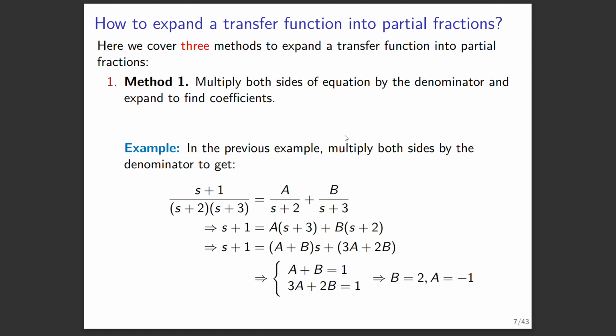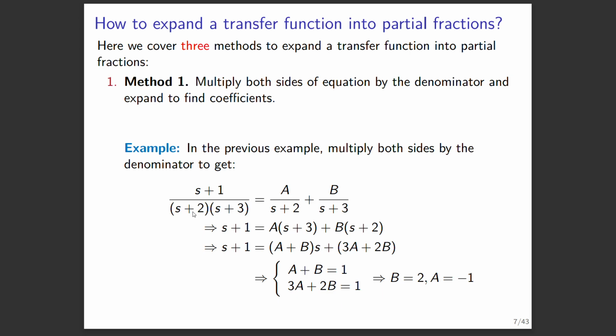All right, so how do we do this? How do we expand a transfer function into partial fractions? We studied three methods here. The first method is to imagine you have this fraction.